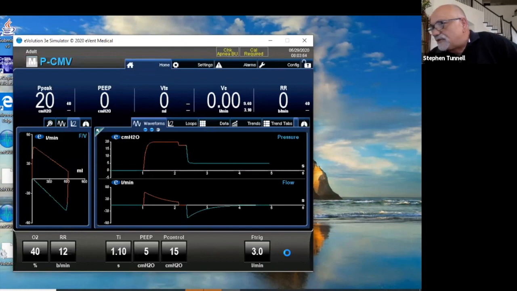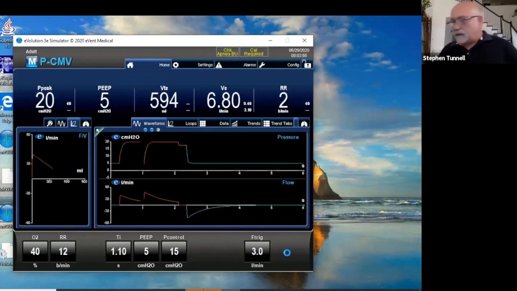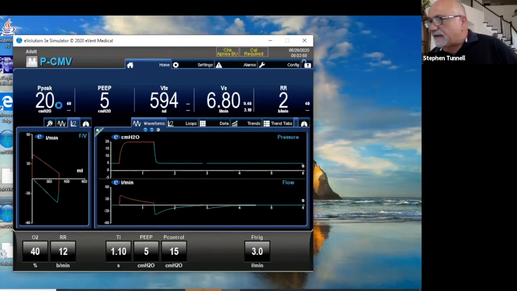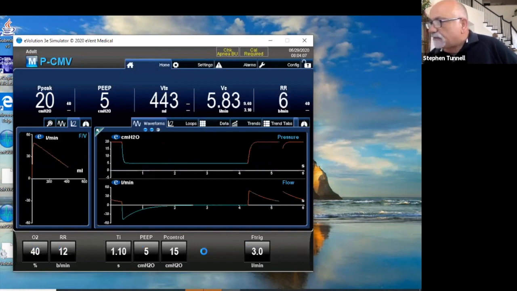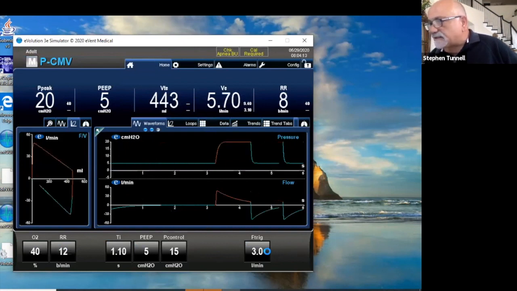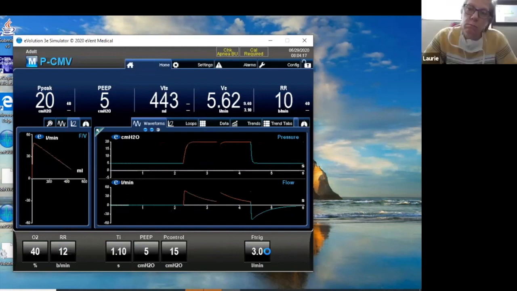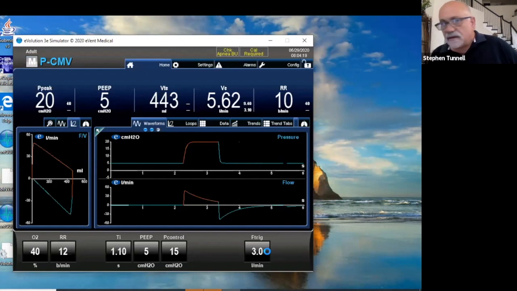And basically what you have here in our user interface is your monitoring techniques across the top, your waveforms in the middle, and your important settings along the bottom. That's a user interface that people really love. It's a user interface that's favorable to clinicians.